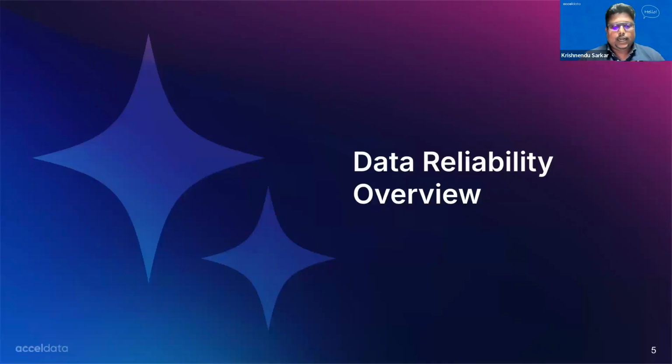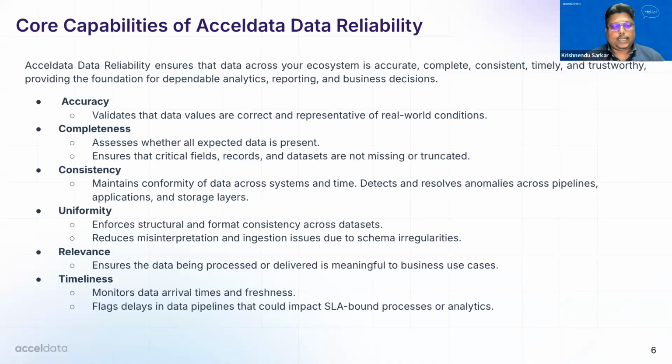We are going to first go for a data reliability overview. In data reliability, we have multiple core capabilities in the Acceldata ADOC platform. A few are accuracy, which ensures the data values are correct and reflect real world conditions, and helps prevent bad decisions caused by invalid or unrealistic data.